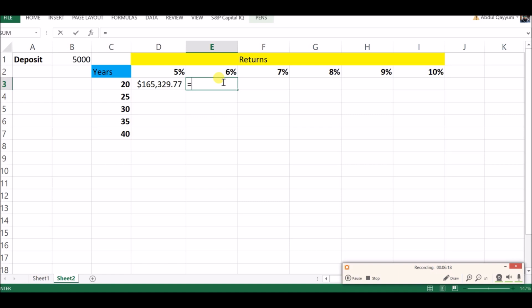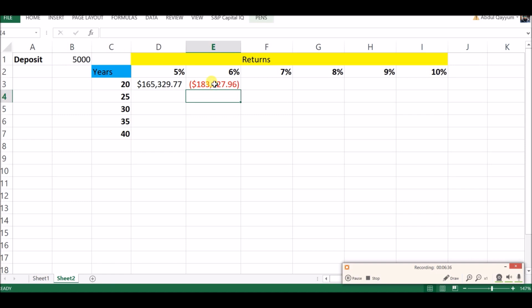In a similar way, we can calculate for the others. For example, for this one, we write future value, then give it the rate, then 20 years, then 5,000, then 0, and another 0, and this is it. The same way we give a negative sign over here, which makes it positive.